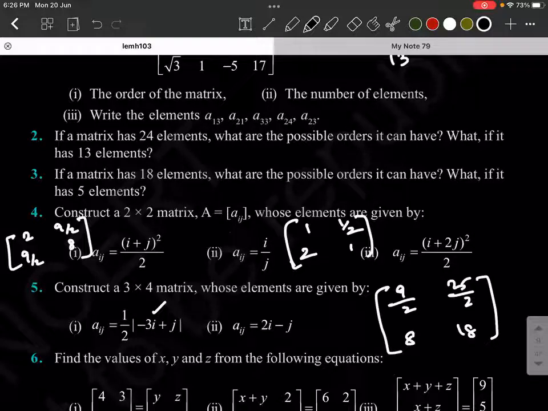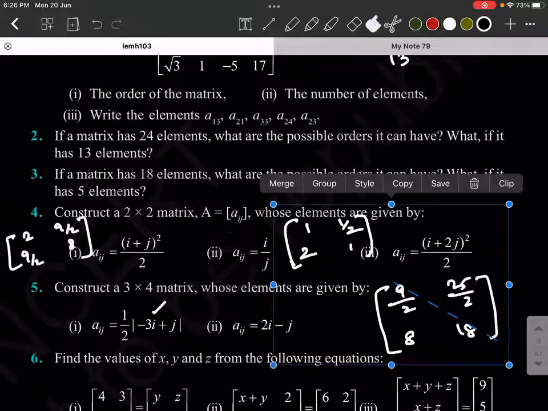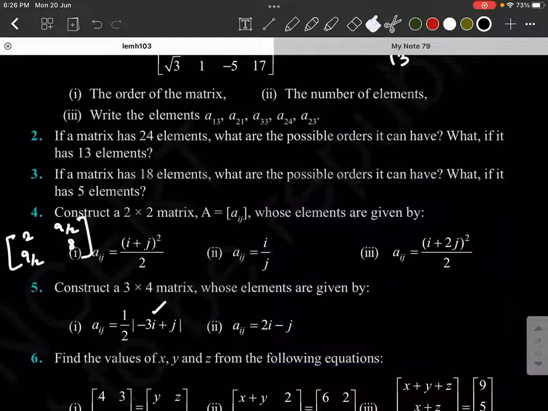So answer for the first one, half into... minus 2. Sorry, plus 2.